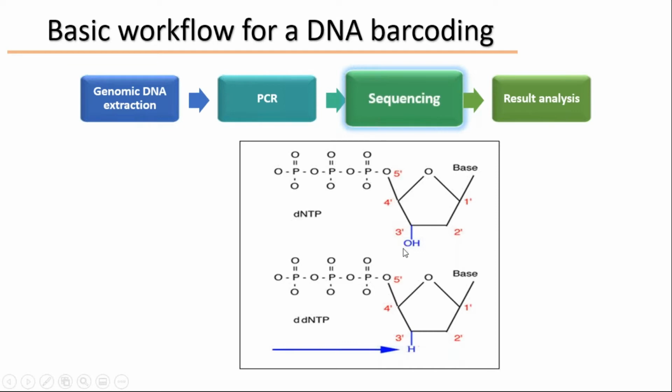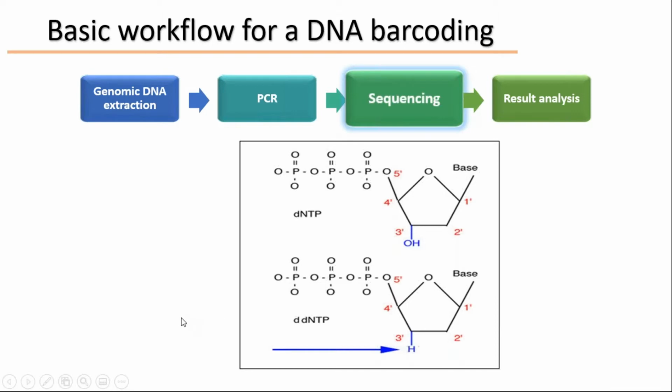How it extends is that a nucleotide goes in and reacts with the OH group at the 3' end, so it will have elongation. But in sequencing, the ddNTP carries a hydrogen at the 3' end, so it will stop the extension of the fragment.